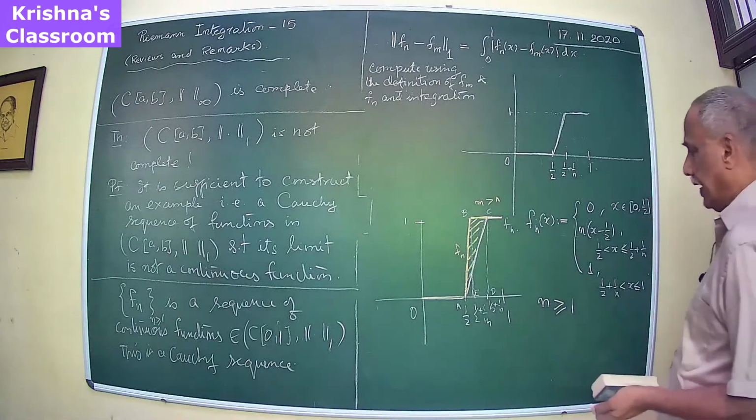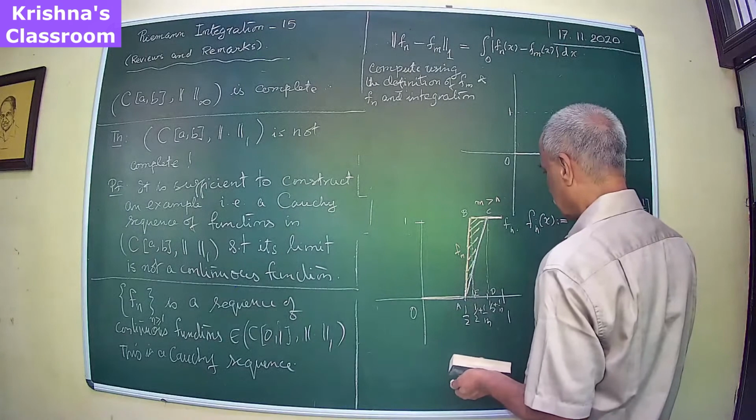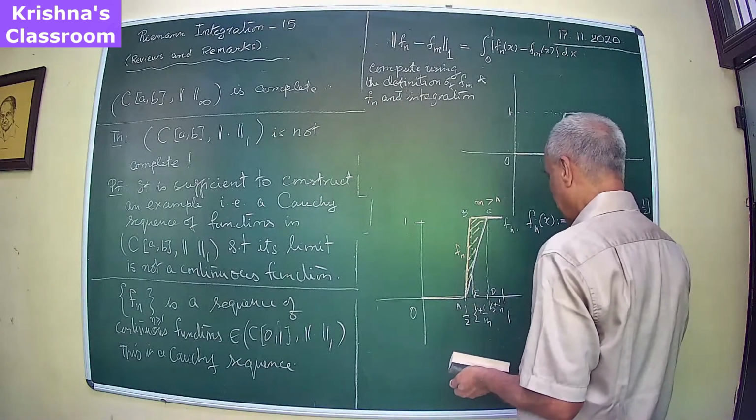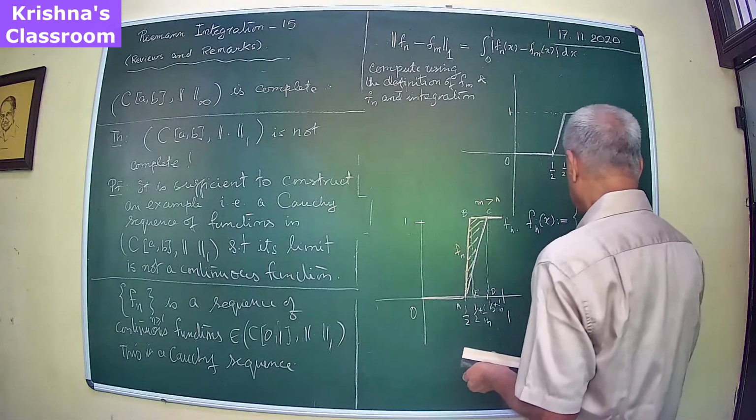So the desired area is actually the area of the triangle ABC.